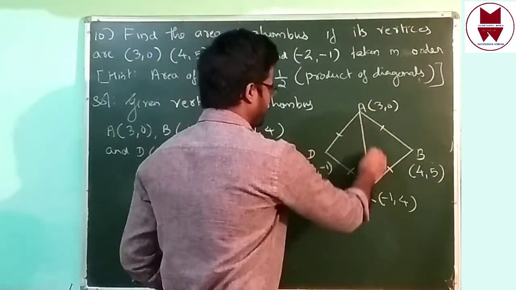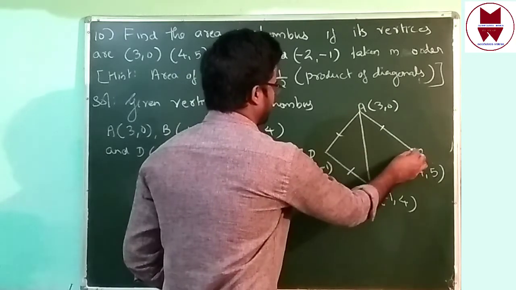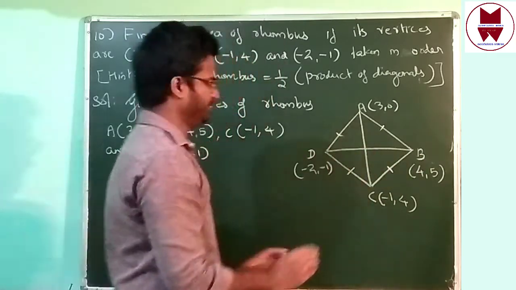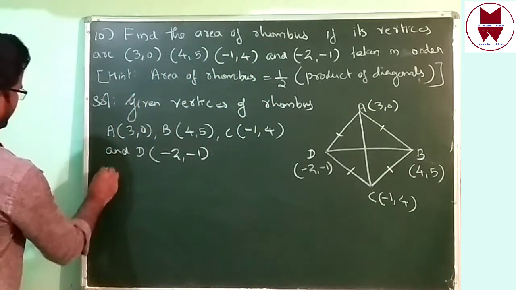First diagonal is AC, second diagonal is BD, isn't it?